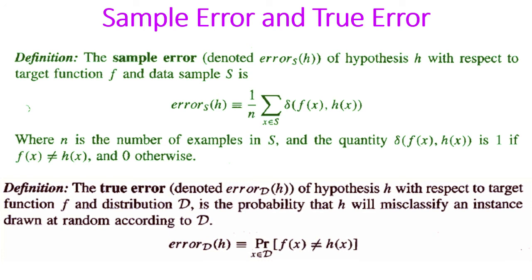The error in this is called the sample error. The error present in the complete space of data is called the true error. Obviously, the sample data will be a fraction of the entire space.